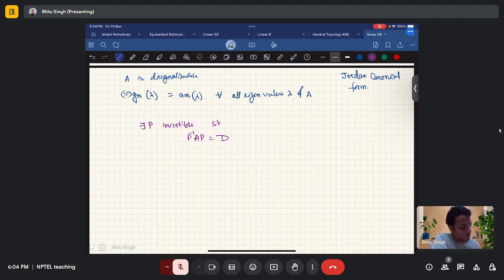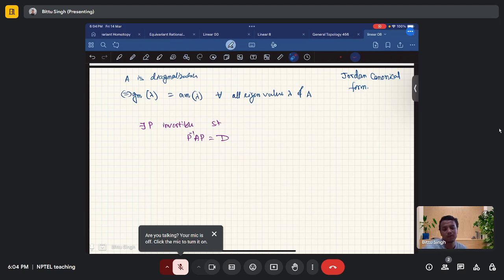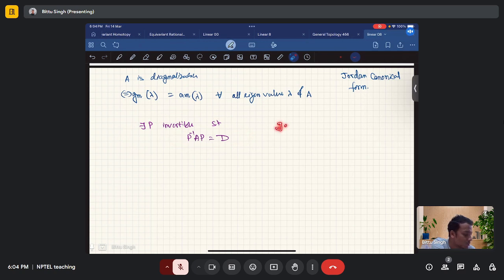But we can do something like this. Why do we always try to make something a diagonal matrix? This is because if something is diagonalizable, there exists a basis v1 up to vn for which the linear operator is easy to see.